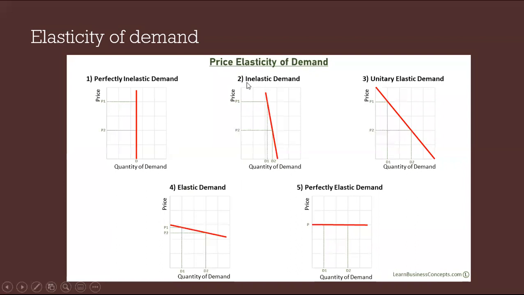During the exam, they may ask you some basic questions on elastic and inelastic, like the definition of elasticity, or which statement is true about elastic or inelastic demand.